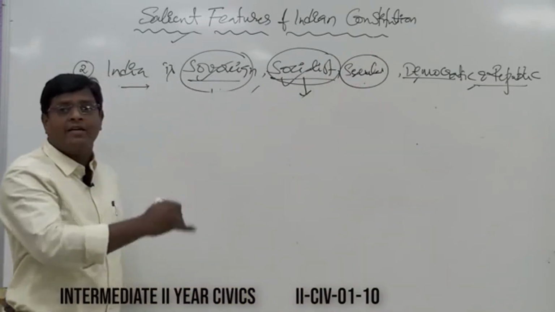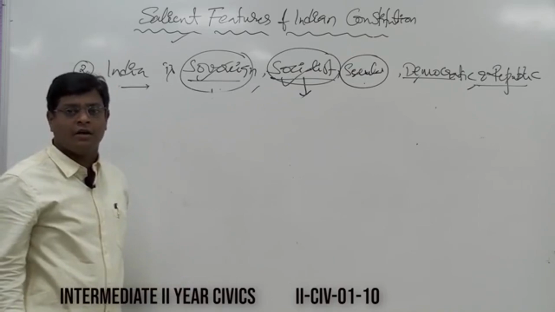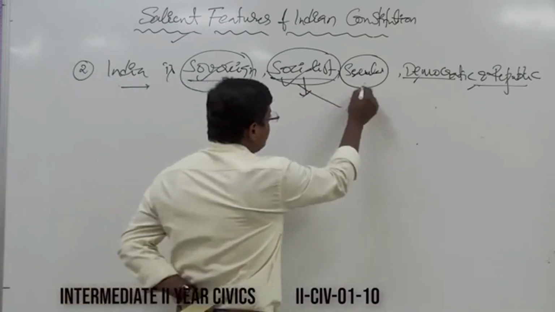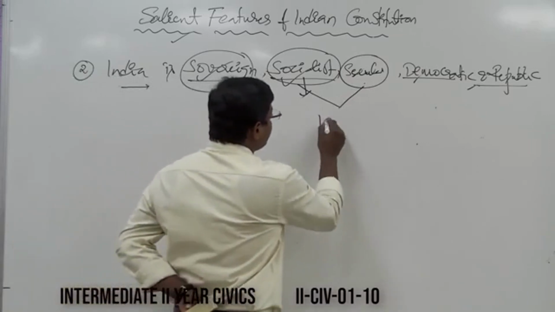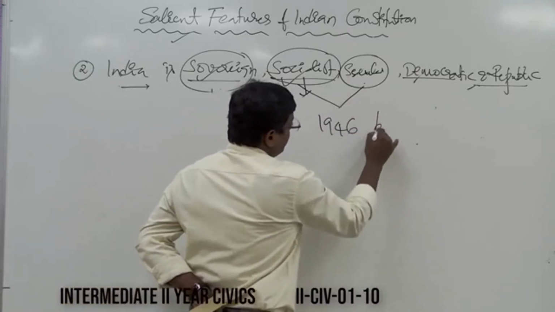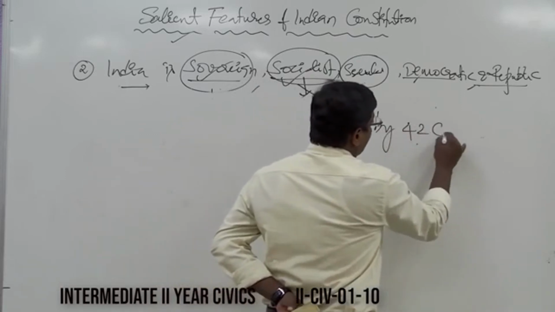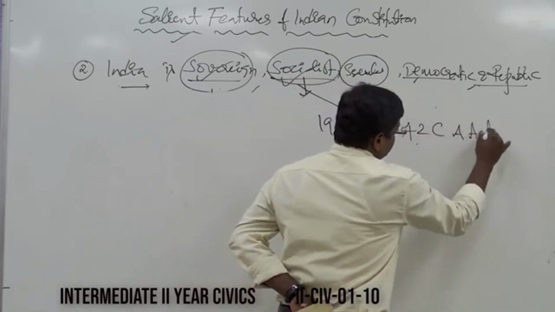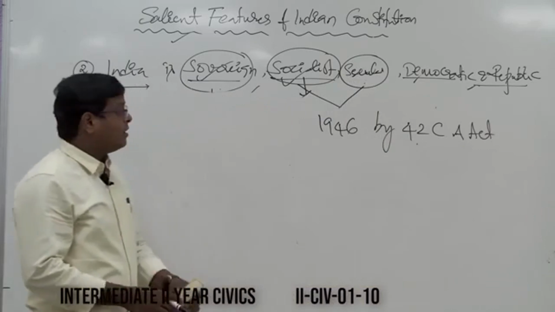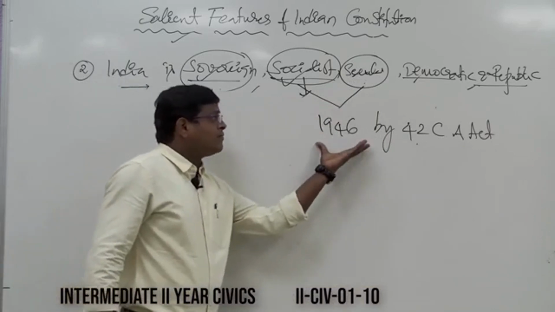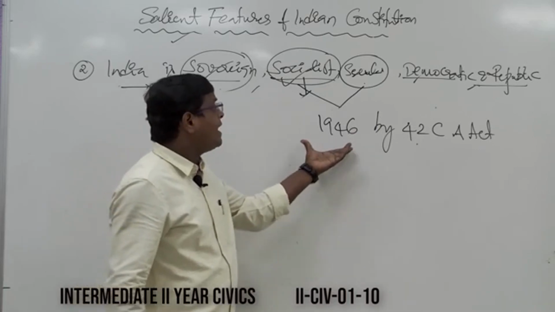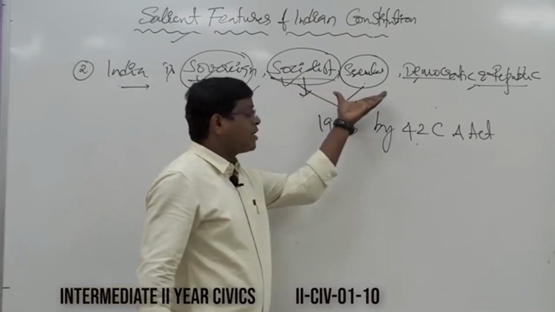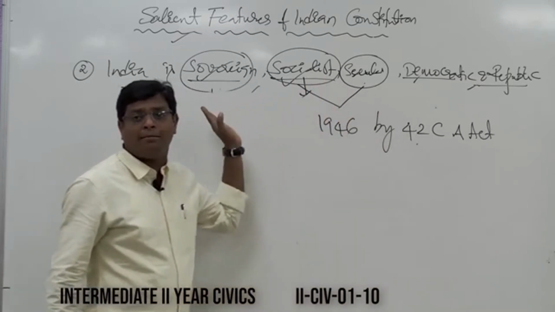Later on, we added to the Indian constitution. We incorporated these two words to the preamble in the year 1946 by the 42nd Constitutional Amendment Act. Understood all of you? By the 42nd Constitutional Amendment Act, we added the terms socialist and secular to our preamble.